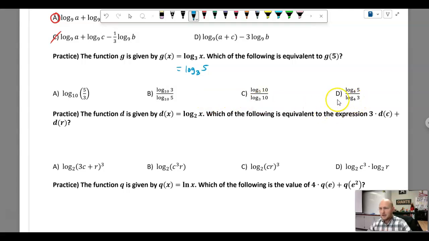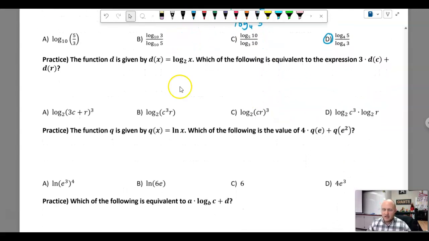It looks like we have a whole bunch of change of bases here. As a change of base, this would be a logarithm with a 5 divided by a logarithm with a 3. So is there one where I have a log of 5 over 3? Yep, D. Look here. And then they chose 4, so log base 4. That's a change of base question with the evaluation. So D.